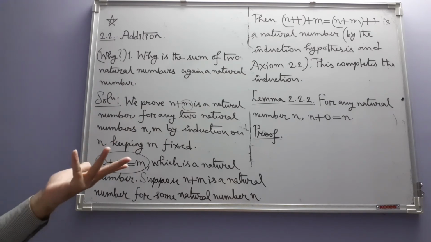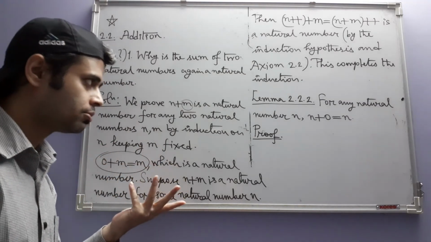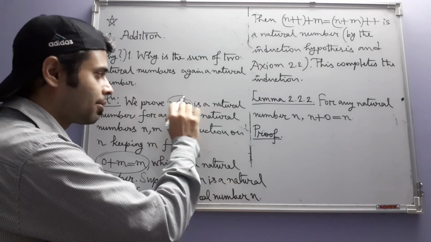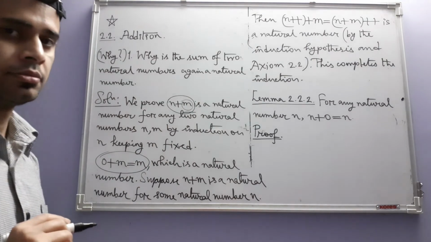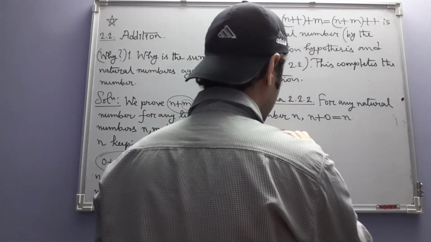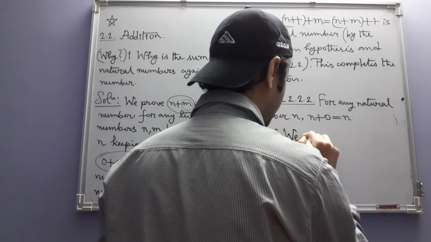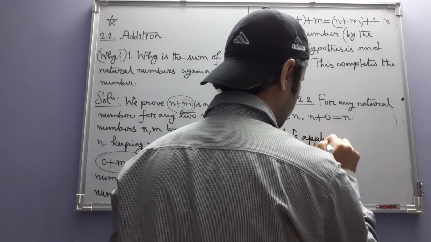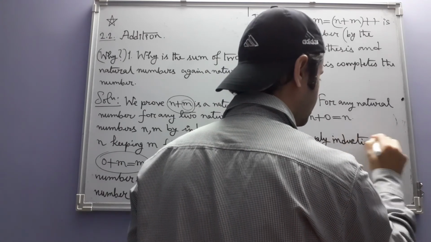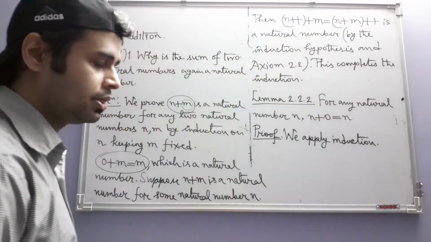And in some pretty complicated proof that we will come across at one point, we may have to apply induction on both. We will see those things later. Okay. So here we simply write we apply induction on n, that is understood because n is the only variable here.